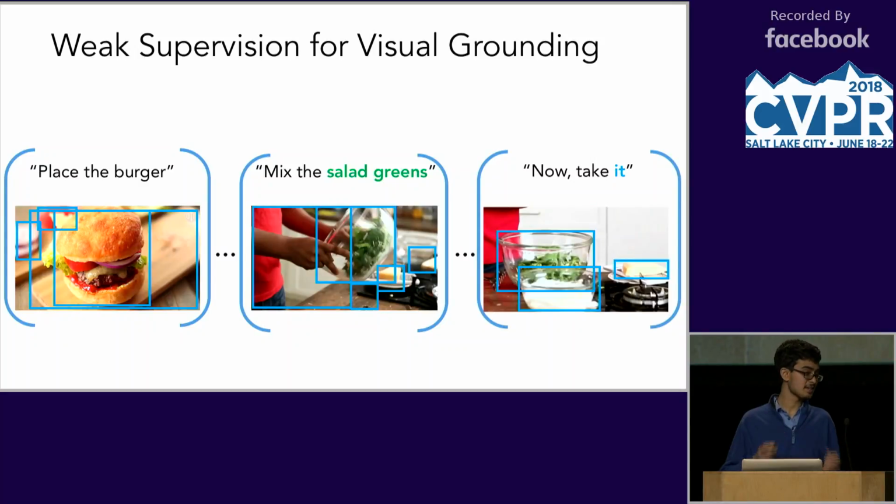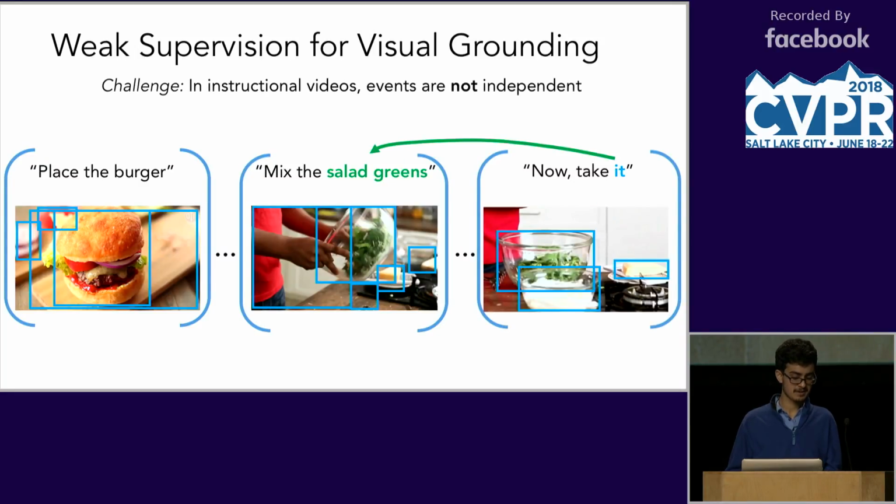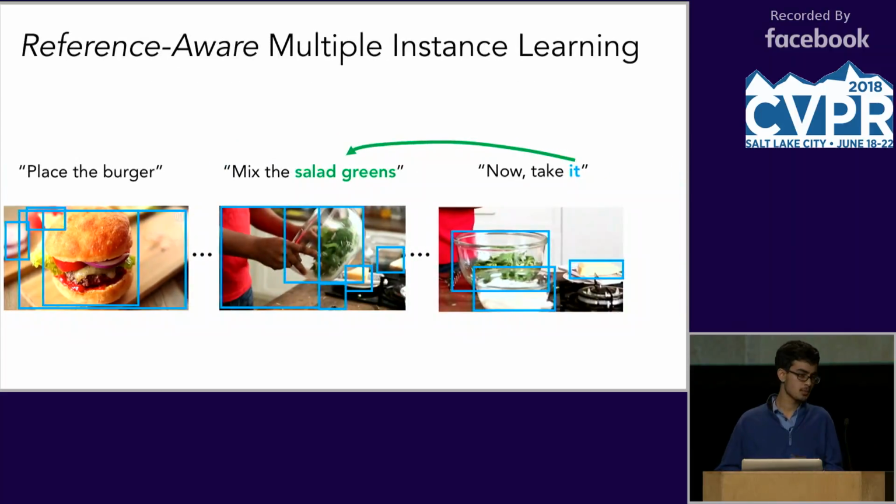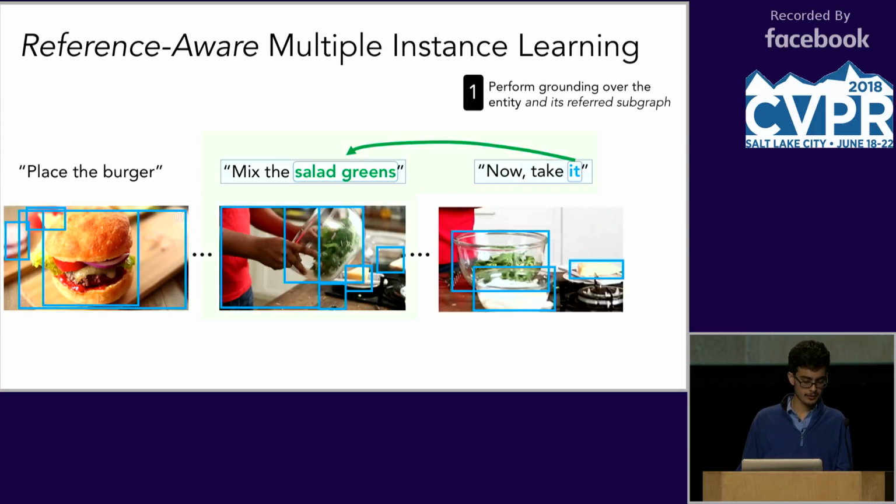Now, the key challenge is that in videos, these events are not independent, and that breaks fundamental independence assumptions. In this case, it's unclear if it was grounded to its referential context. Is that considered correct or incorrect? And so we propose a new reference-aware multiple instance learning framework that has two key components. The first is that we propose to perform grounding over not just the entity, but the entity and its subgraph.